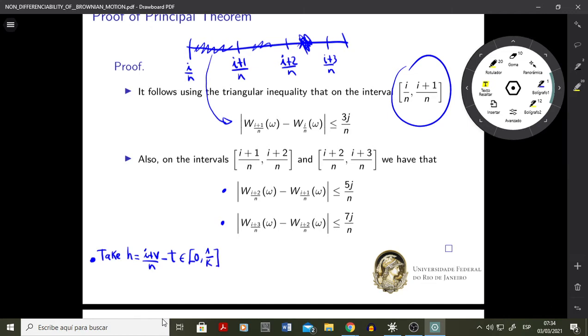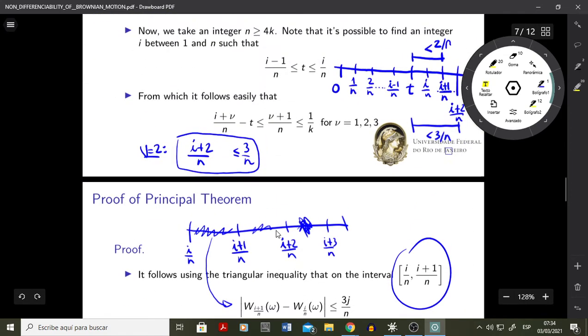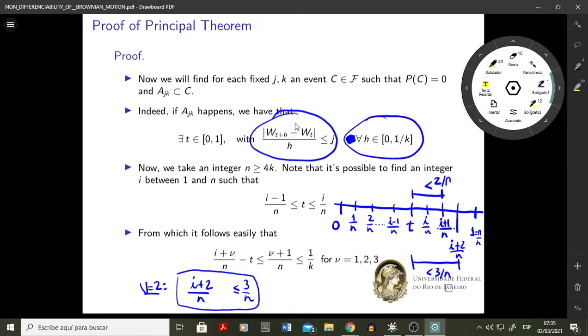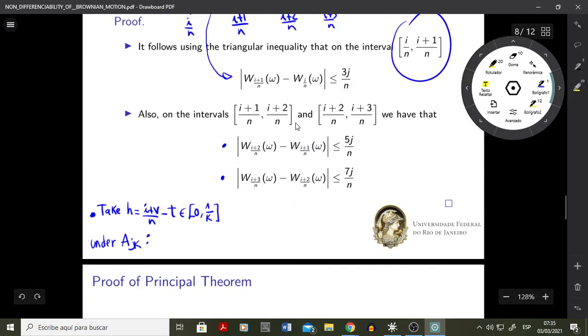So under this event, if that event happens, what do we have? Remember the event ajk. The event ajk is where this happens for all h between 0 and 1 over k. So under this event, I am taking h like this.